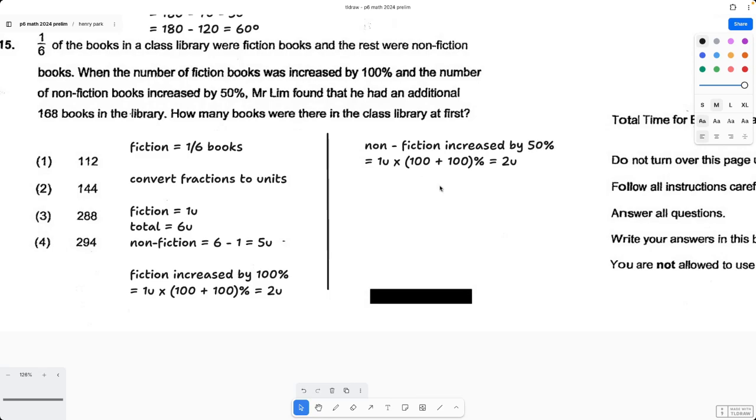And we know how many units, right? 5 units. Increased by 50%. So that means 100% original plus 50%. So this will equal to 5 units times 1.5 essentially, right? And this will be 7.5 units.